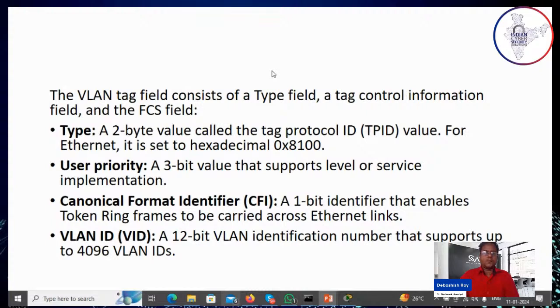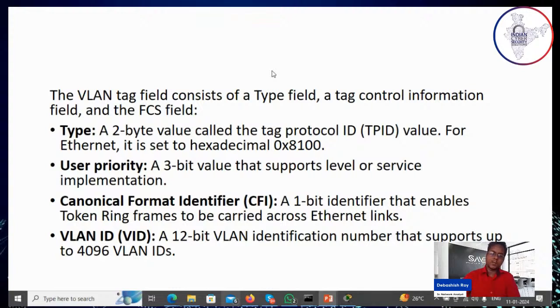As I've already told you, the type is a 2-byte value called the tag protocol identifier, and the hexadecimal value is 8100. If this TPID field has the hex value 8100, it specifies that it is a VLAN data frame. Then user priority is a 3-bit value that supports level of service implementation, meaning QoS.